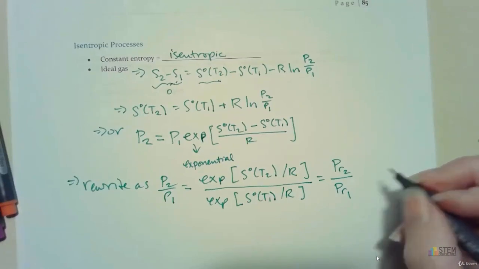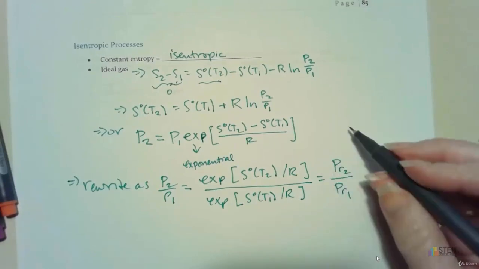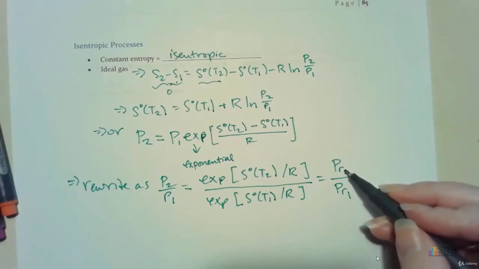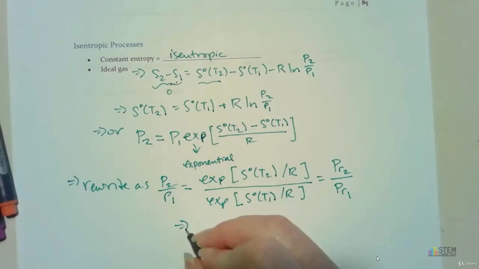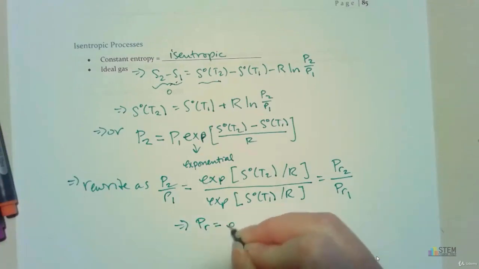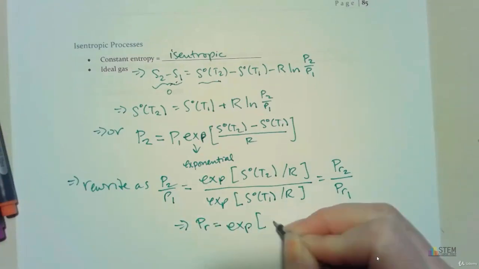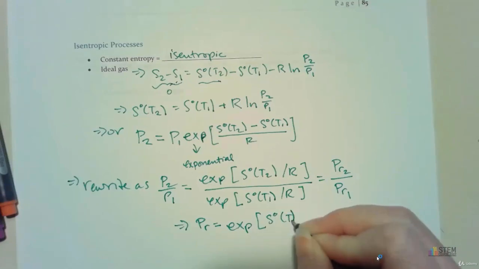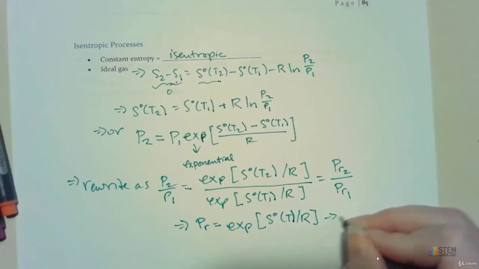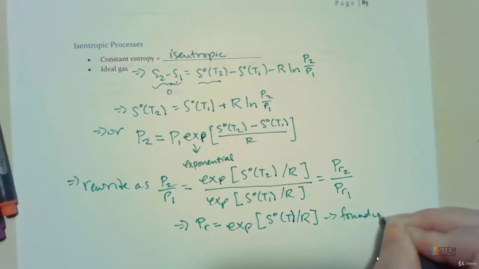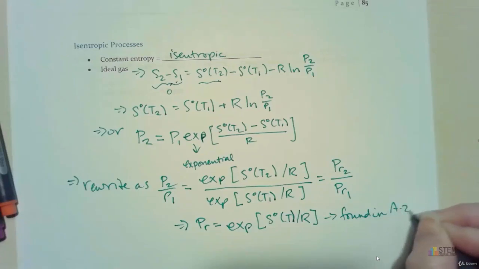Now the good thing is, because you might be wondering what am I supposed to do with this, these PR values are going to be found in the table. Alright, so PR is the exponential of s degree T, whatever your T is going to be, divided by R. And these are found in the ideal gas table, so A22.